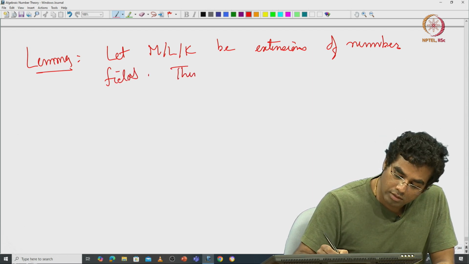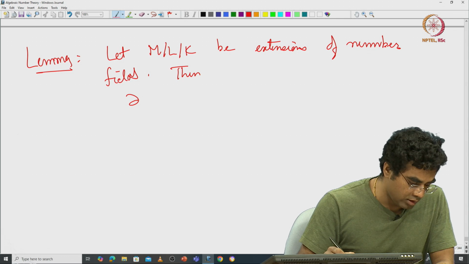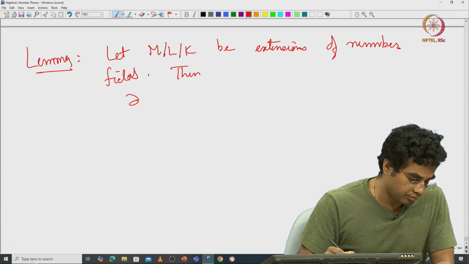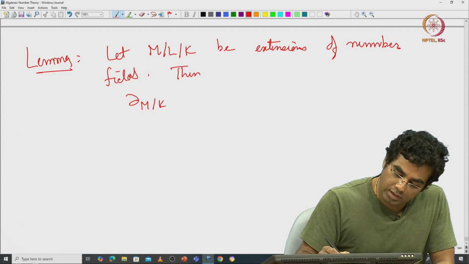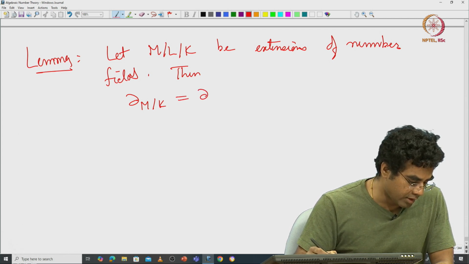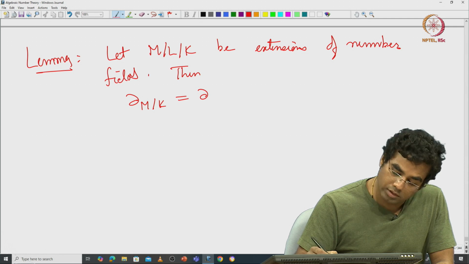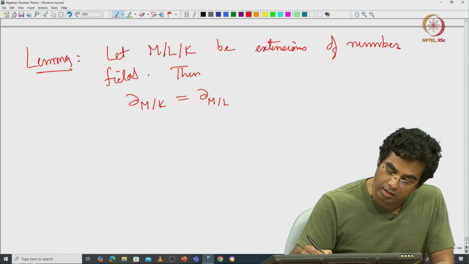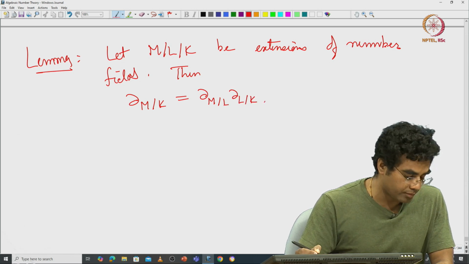Then the different from the largest field to the smallest field is the product of the different from the largest field to the intermediate field L, and then the different of L over K, right.